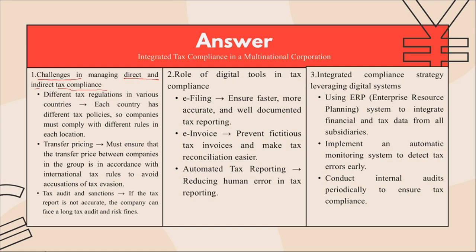And the second point is transfer pricing, which means they must ensure that the transfer price between companies in the group is in accordance with international tax rules to avoid association with tax evasion. And the last point is tax audit and sanction, which means if the tax report is not accurate, the company can face a long tax audit and risk fines.